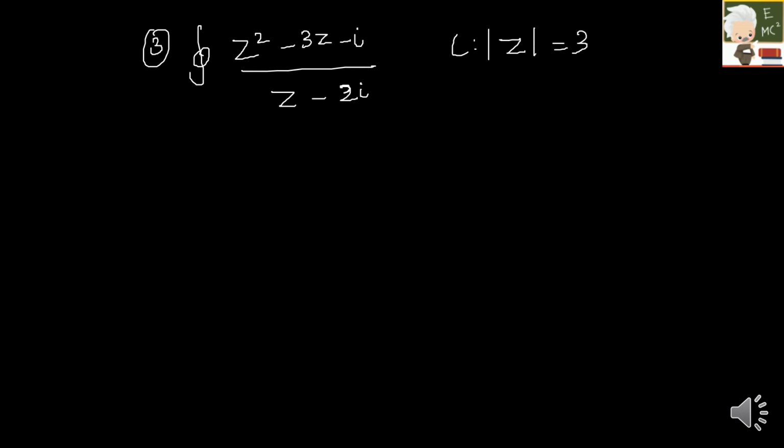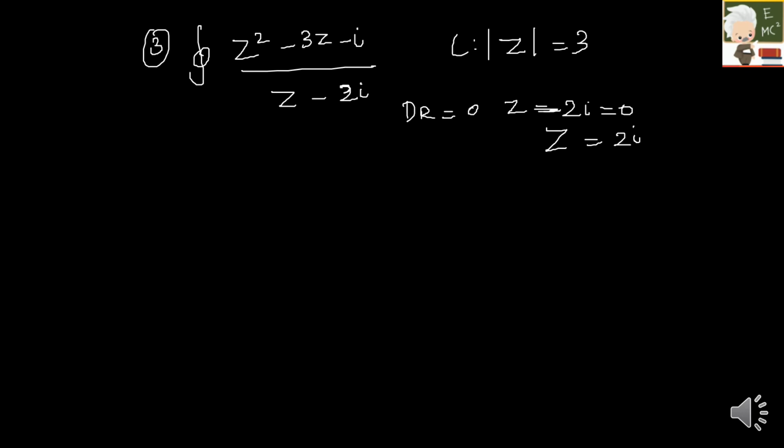So my third question is the closed integral of z square minus 3z minus i divided by z minus 2i, and the contour is |z| = 3. So first I have to find my singular points. So denominator should be equal to 0. So z minus 2i should be equal to 0, whereas z is equal to 2i.